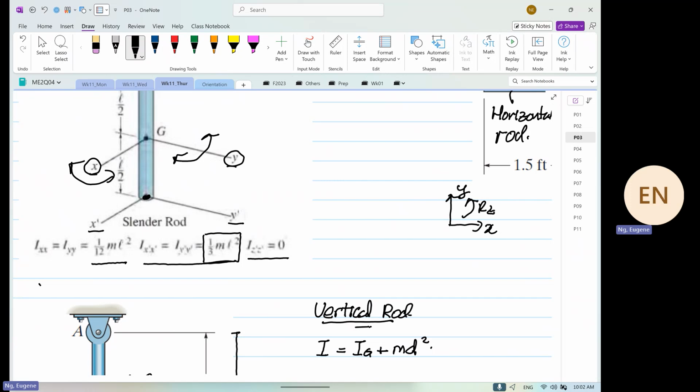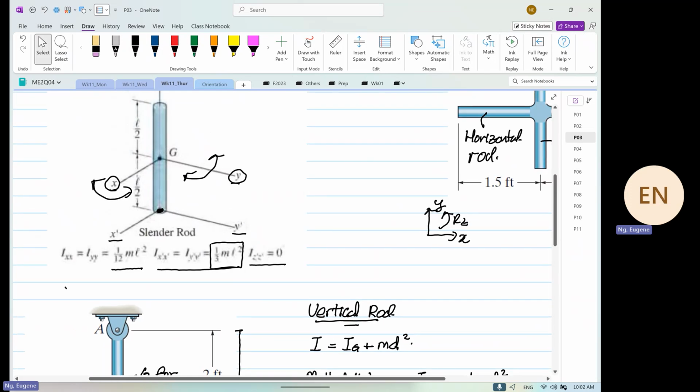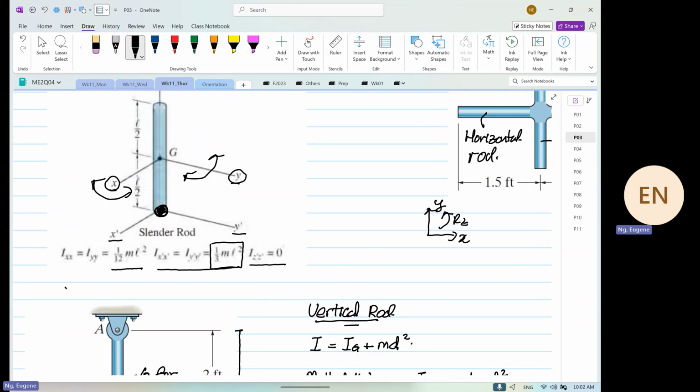It's 1/3 ml squared, and when it's 1/3 ml squared, it means they take the point of origin from where? That point. Can you see that? And so the x and y, this is from the what? From G, which is the center of gravity. Are we clear? Okay. So you decide, however you want to eat your hamburger.